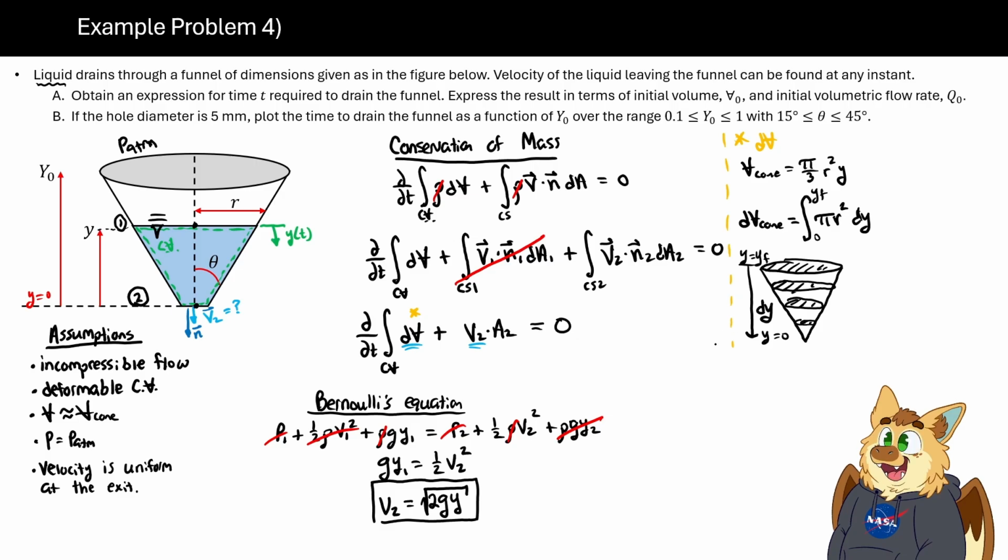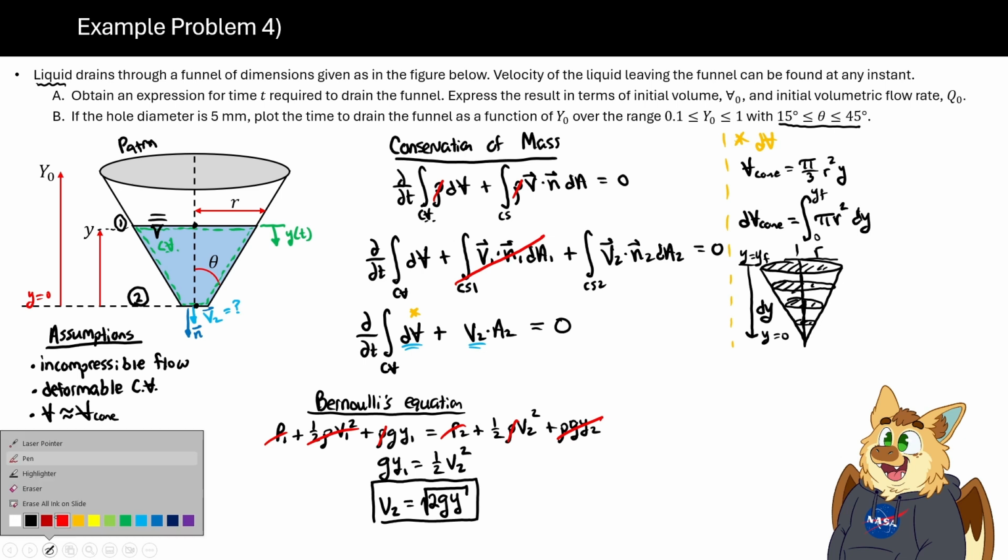Then the other thing we have to work on, though, is that this dv cone is in terms of radius. And part B is very clearly asking us in terms of theta and not radius. So we actually have to find out what radius is in terms of theta. So if this is r, and we have our height of this triangle here that I'm trying to draw.